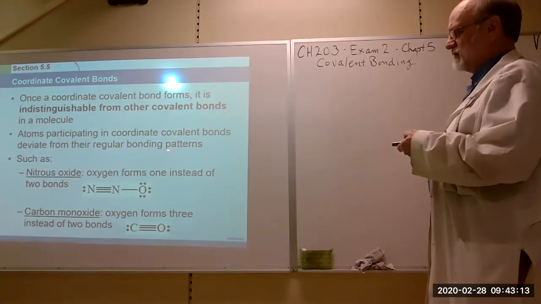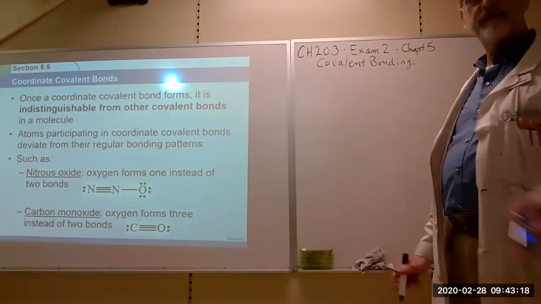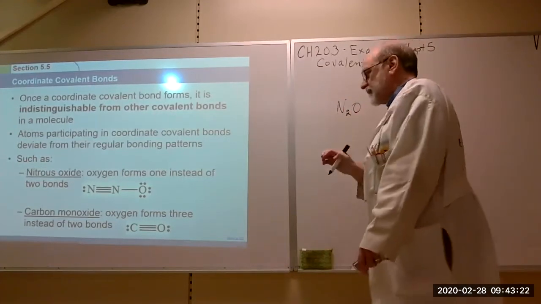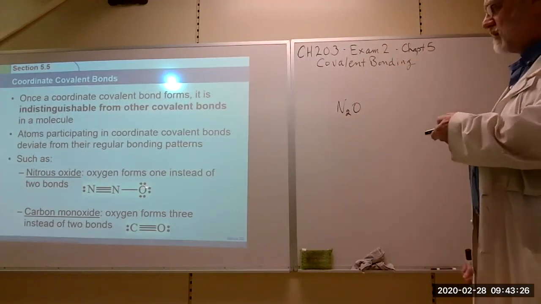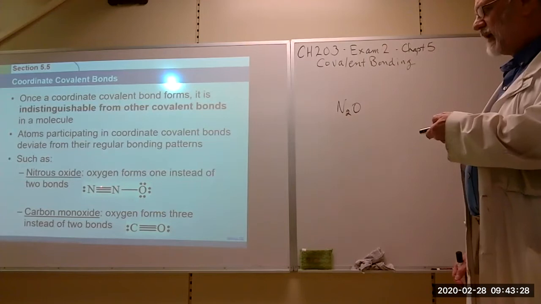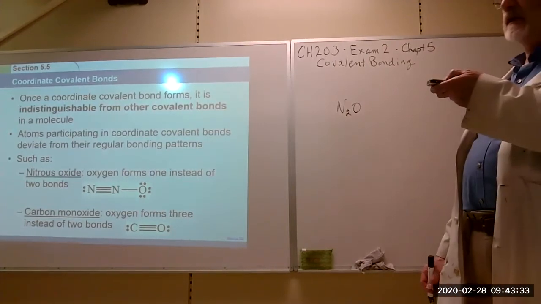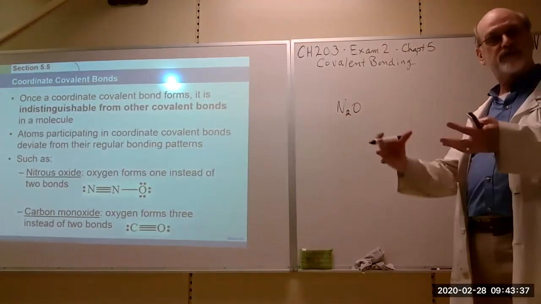except to note, in some cases, like this one, nitrous oxide, like laughing gas, that nitrogen normally forms 3 bonds, right? Right here, 1, 2, 3. We said that before, as if it were a hard and fast rule.